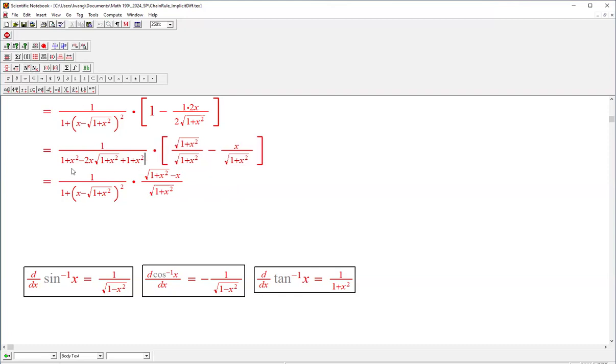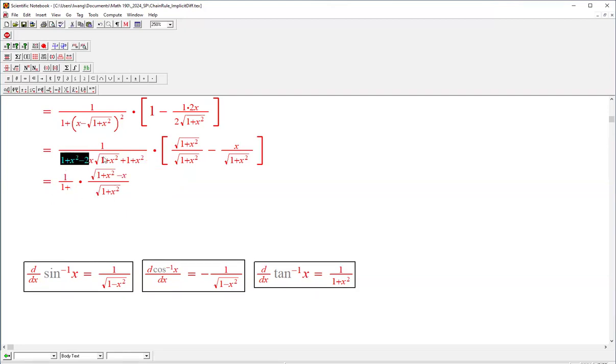When we organize this term, we look at this piece, which is the simplified form, and it goes here. What are we getting? We get x squared, plus 1 plus 1, 2. So we have 2 plus 2 times x squared, subtracting 2x times the square root of 1 plus x squared.